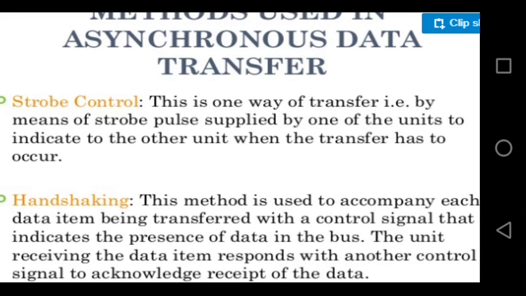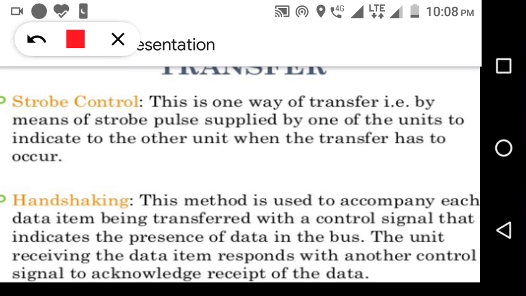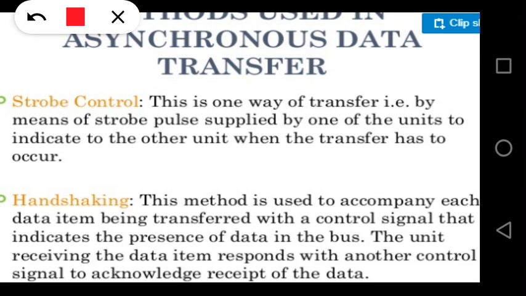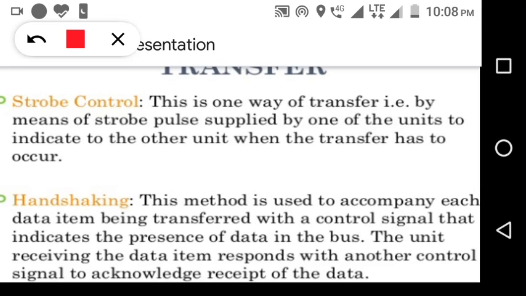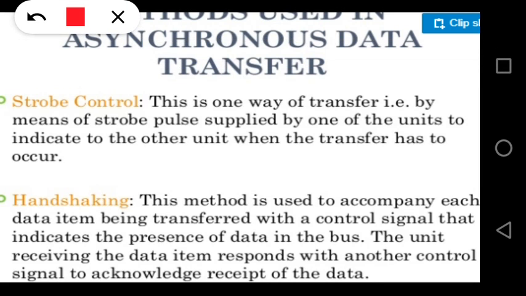The strobe control is one way of transfer, that is by means of strobe pulses supplied by one of the units to indicate to the other unit when the transfer has occurred.